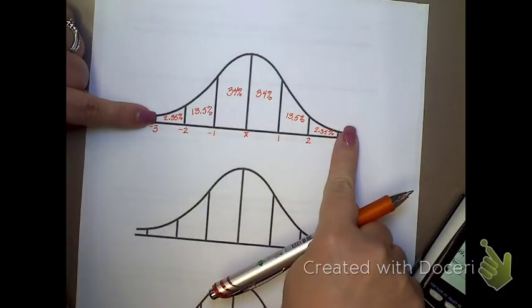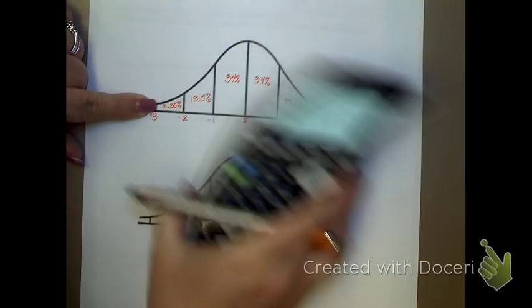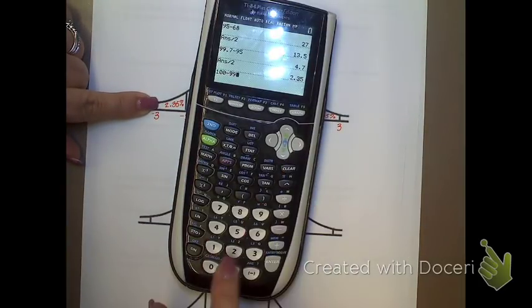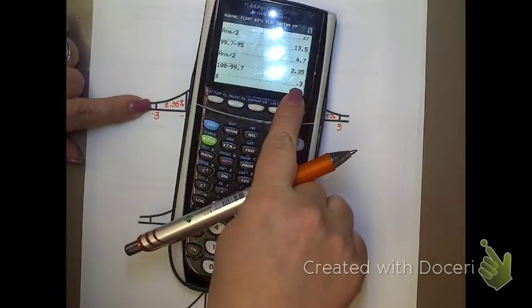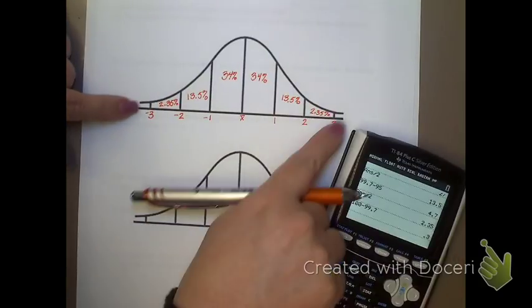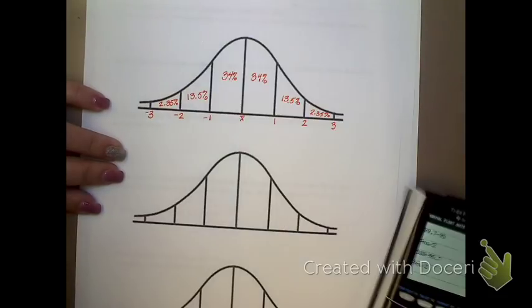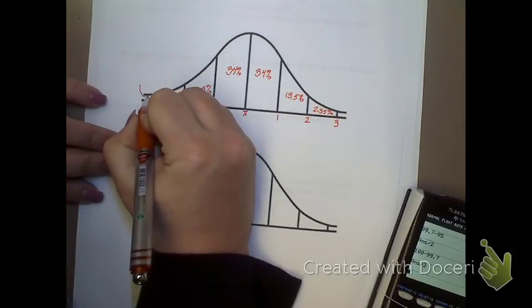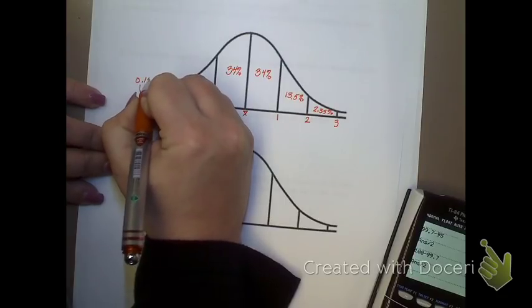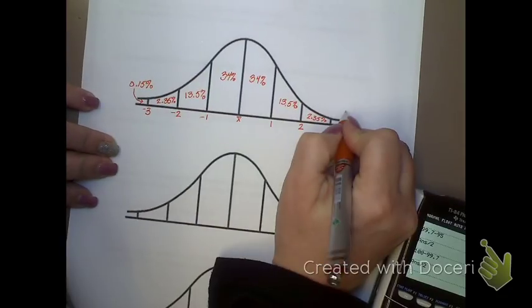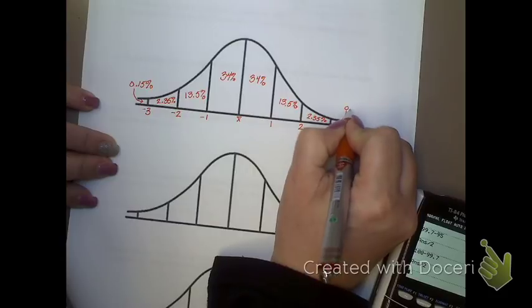And 99.7%, so 100 minus 99.7, means I have 0.3% left for these two teeny little outside parts. Dividing that in half gives me 0.15%. So this guy right here is 0.15%, and this guy right here is 0.15%.